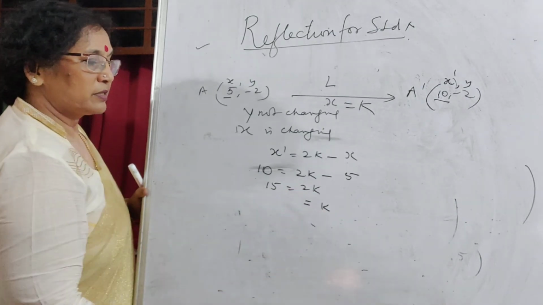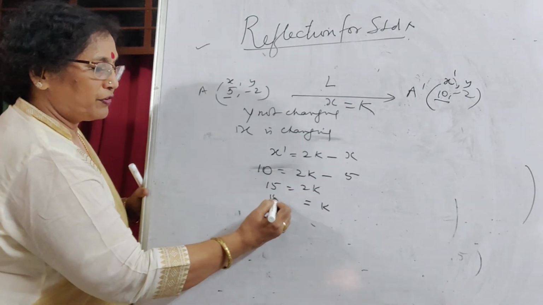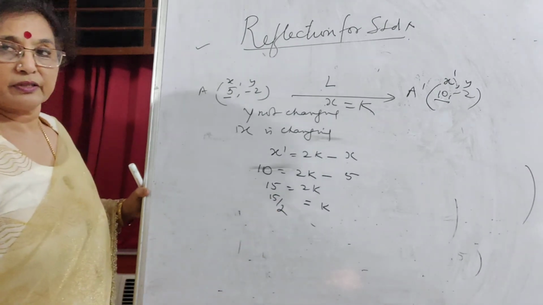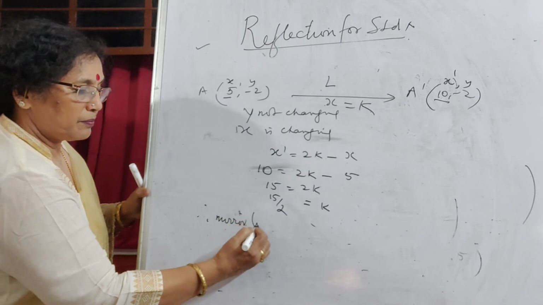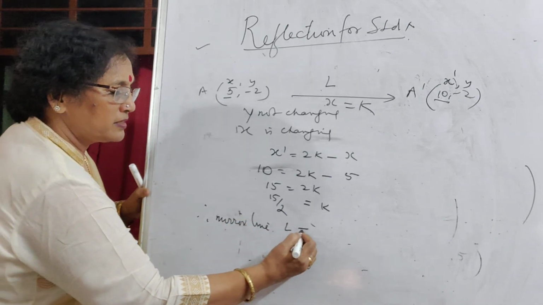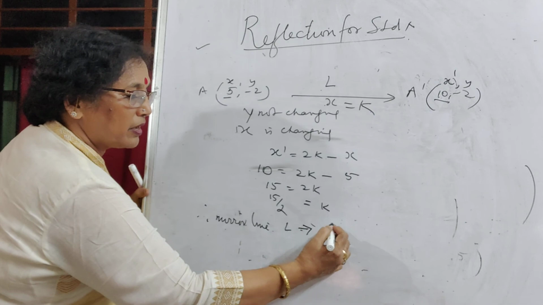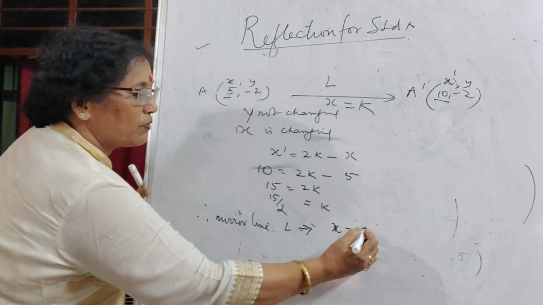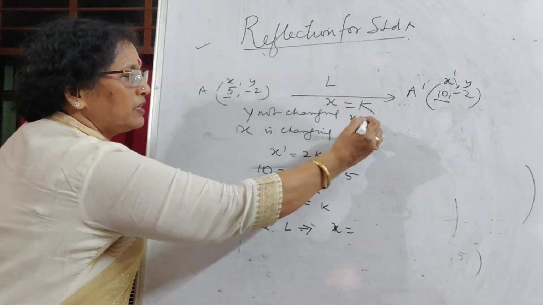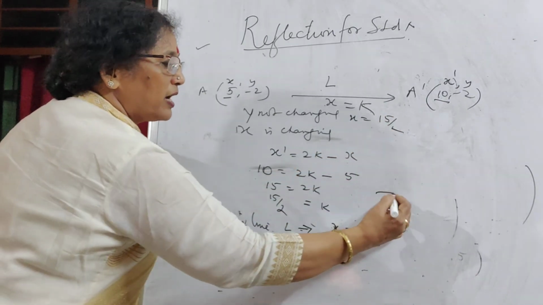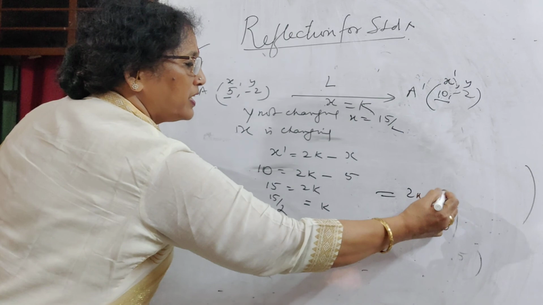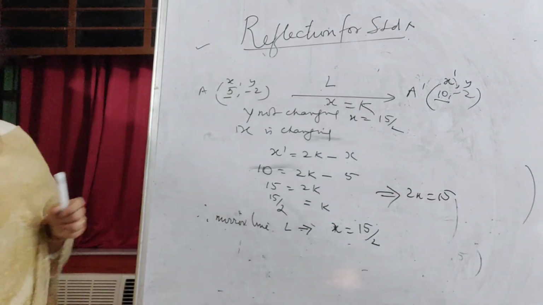So k equals 7.5 or 15 by 2. Don't put a mixed fraction. Therefore, the mirror line equation L is x equals the value of k, x equals 15 by 2. That is 2x equals 15. That is the mirror line.